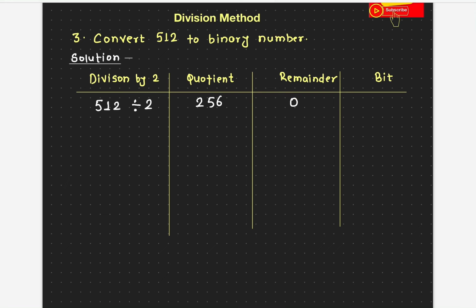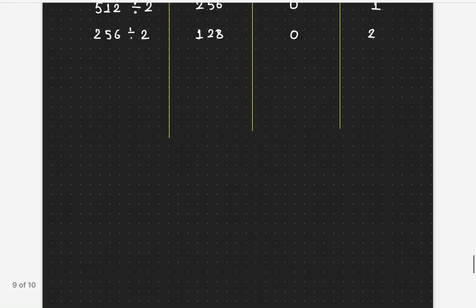No. So we keep going. 256 divided by 2, you get 128, and there is no remainder. 128 divided by 2, you will get 64, there is no remainder.